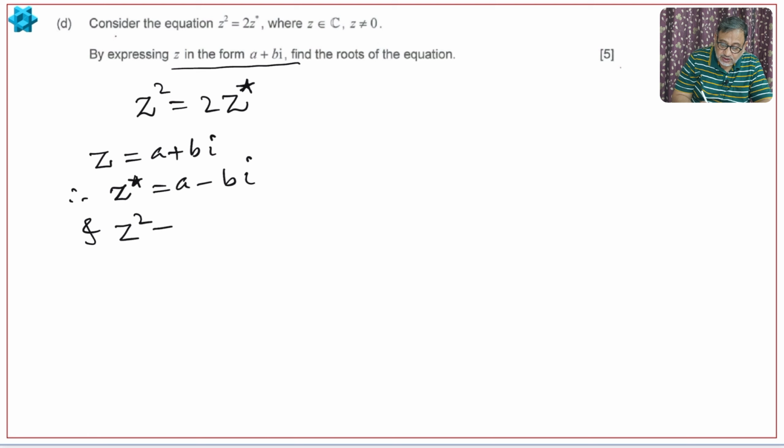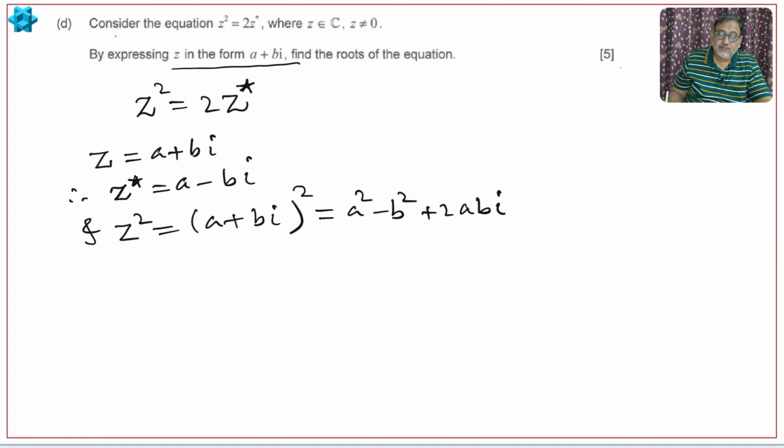And z square will be a plus bi bracket square, which will be a square minus b square plus 2abi, right? When we open the bracket square, it will be like that. So real part and imaginary parts are already separated here, right?